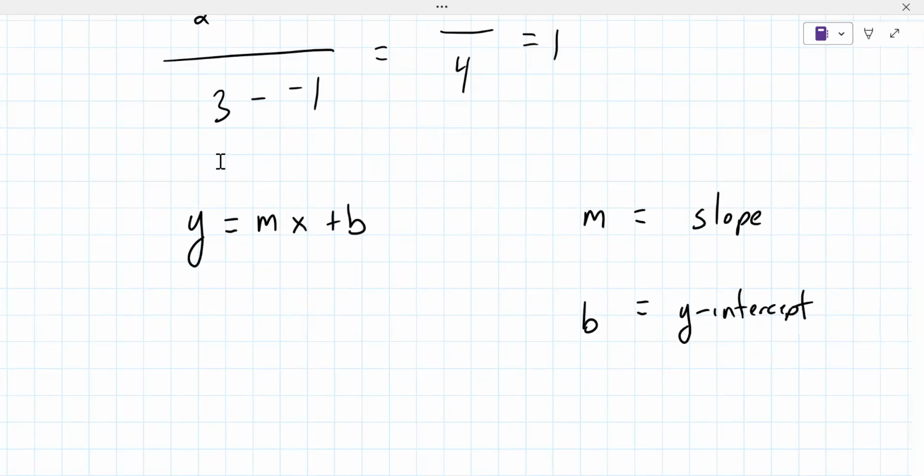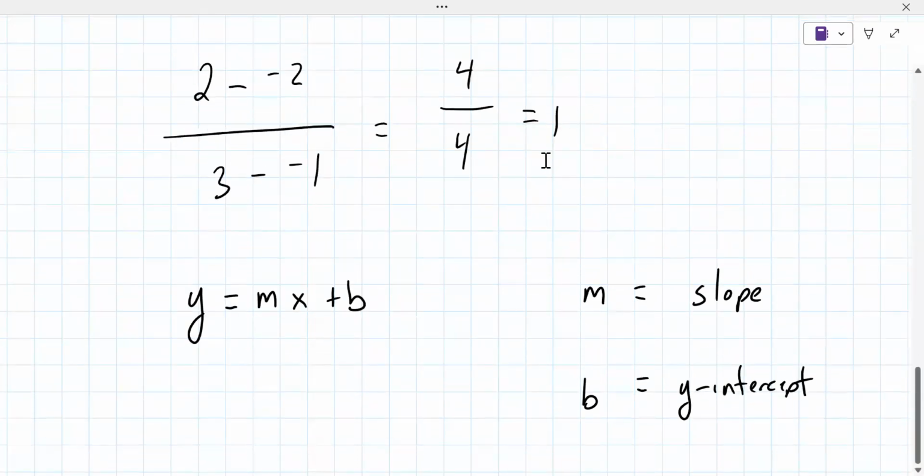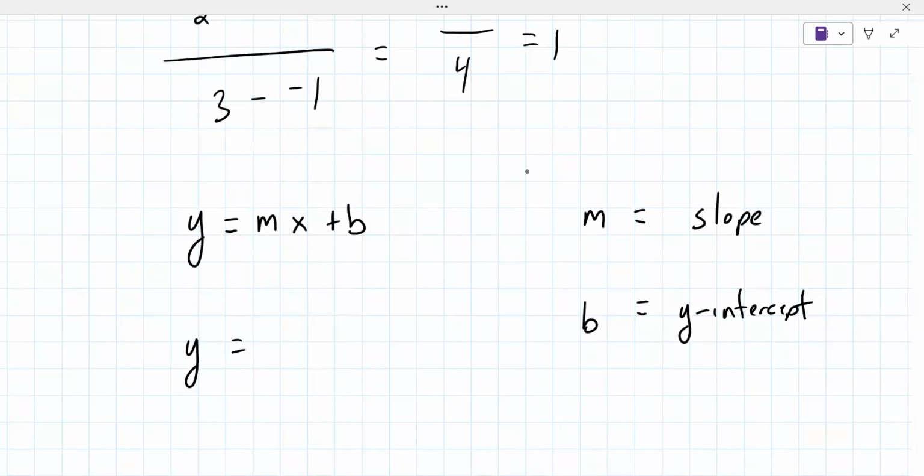So just consider it. In your problem here, you found that the slope is 1. So you would write y equals 1x plus b. And that would be the start of this. Now to find b, you need an x and a y.